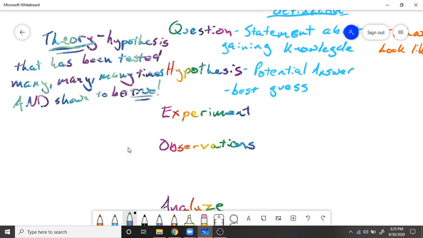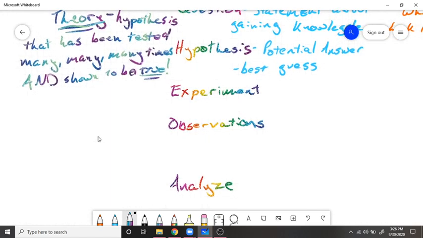Some of our friends, I asked, who can tell me a theory? And they said, oh, the Big Bang is a theory. That is a hypothesis about the beginning of the universe, which has been tested many, many times. It's graduated to be a theory.